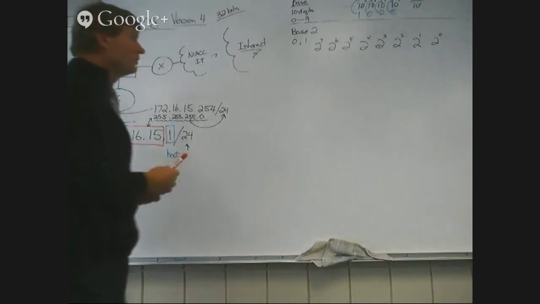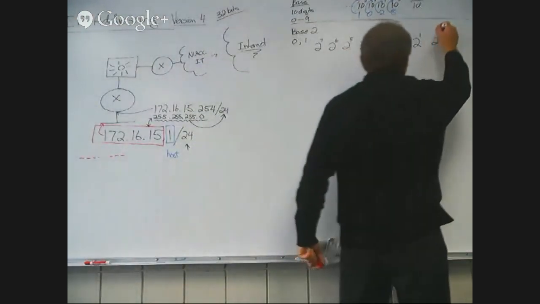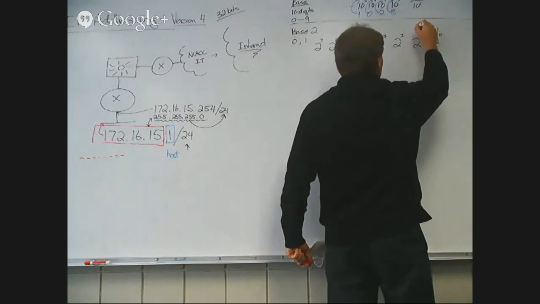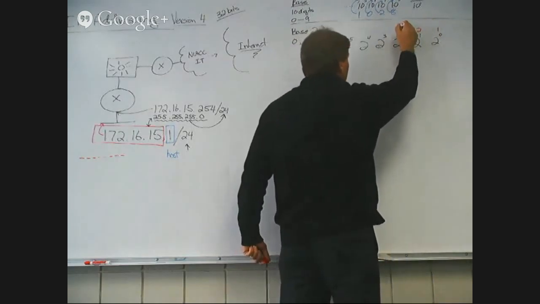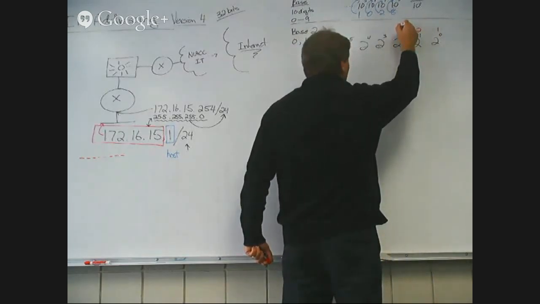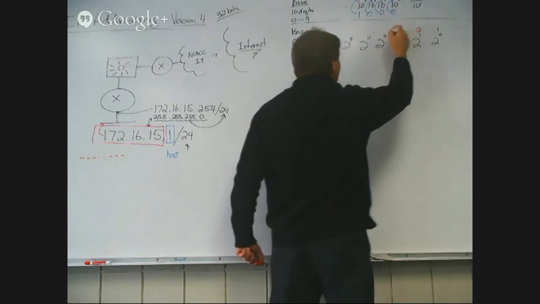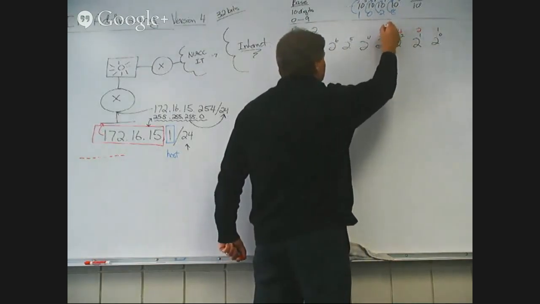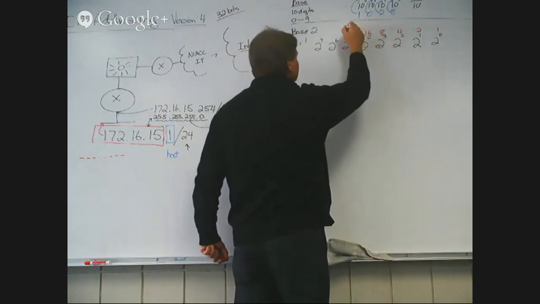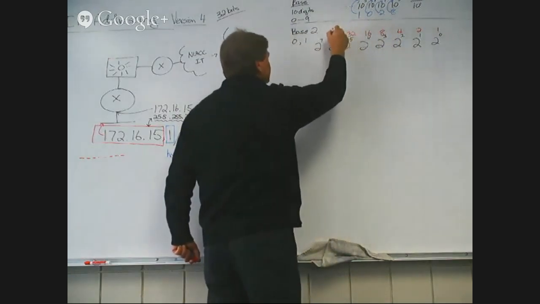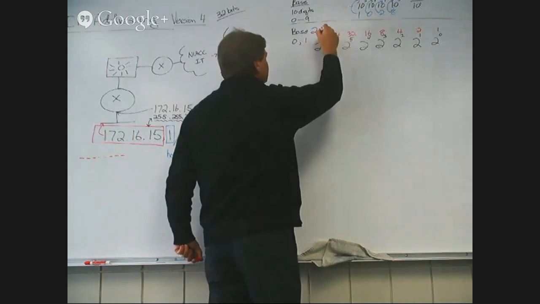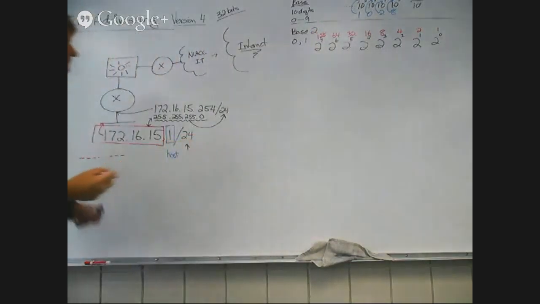So 2 to the 0 is 1. 2 to the first is 2. 2 to the second is 4. Thank you. 8. 16. 32. 64. 128.